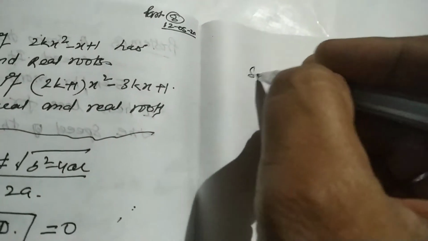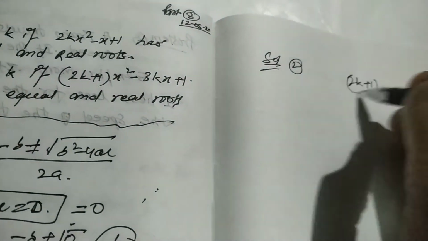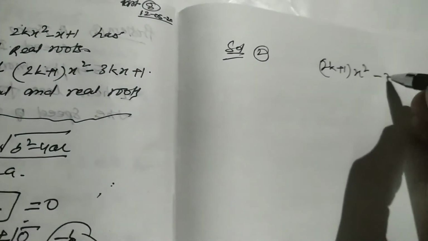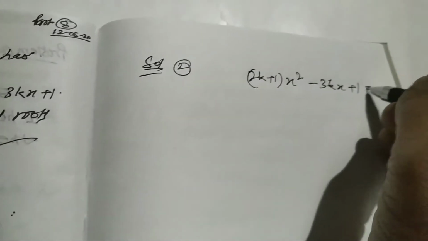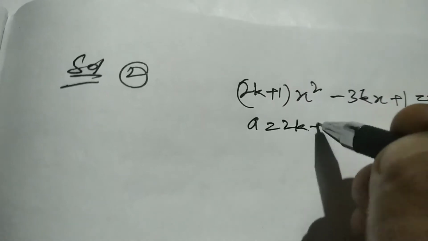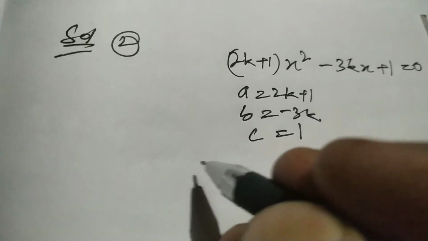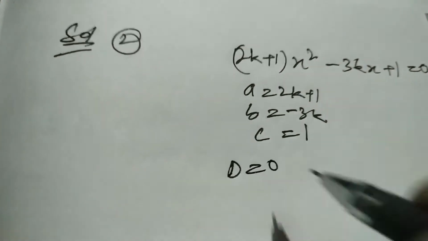And now the next, solution number 2, we have the quadratic equation (2k + 1)x² − 3kx + 1 is equal to 0. Now a is 2k + 1, b is −3k, and c is 1. Right, the roots are equal, so D is equal to 0.